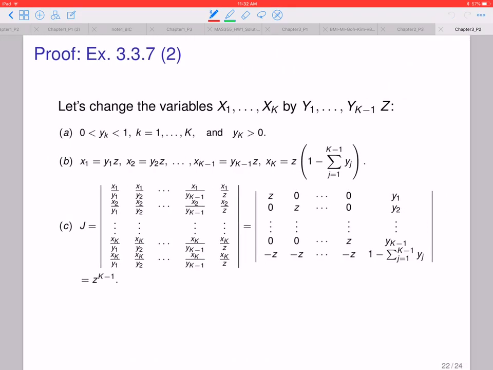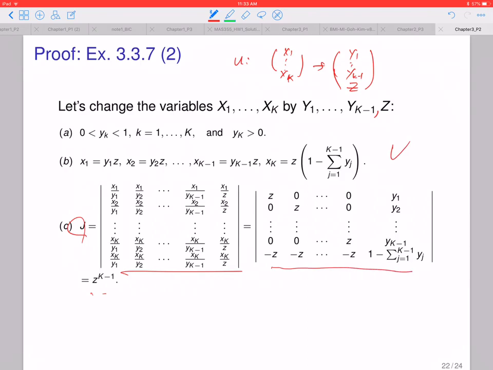And then find the transformation, so that U is X1 to Xk to Y1 to Yk minus 1 times C. And so that Jacobian is this one. You can check on that. The inverse transformation is easy to derive. This Jacobian is not difficult.